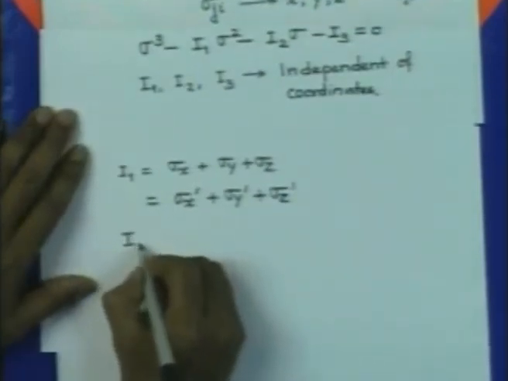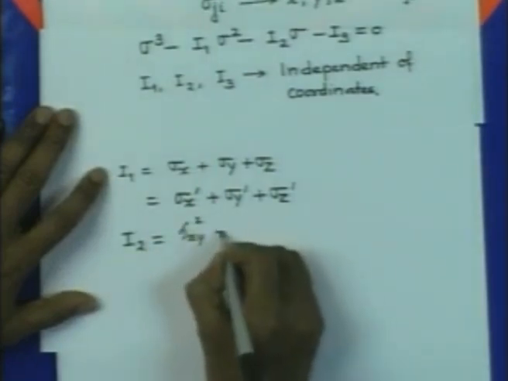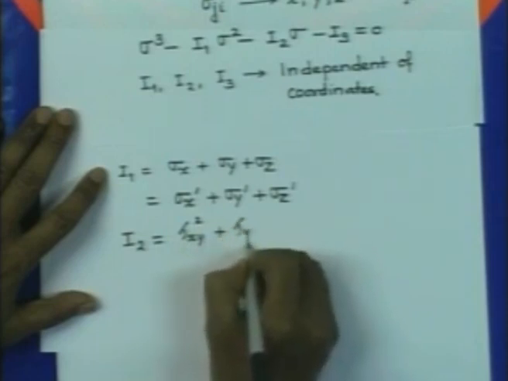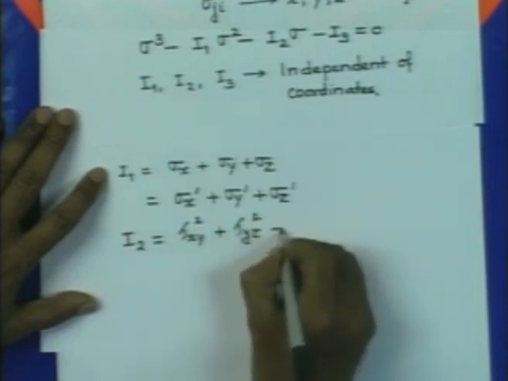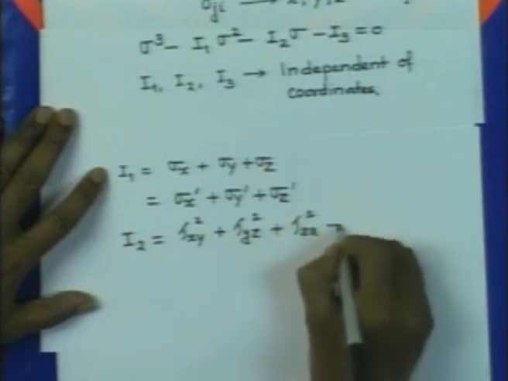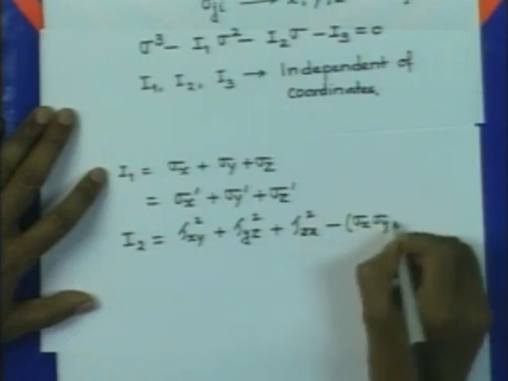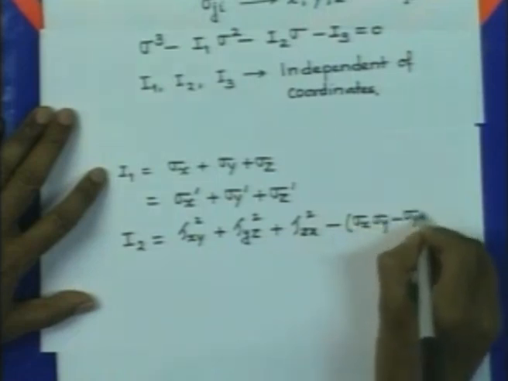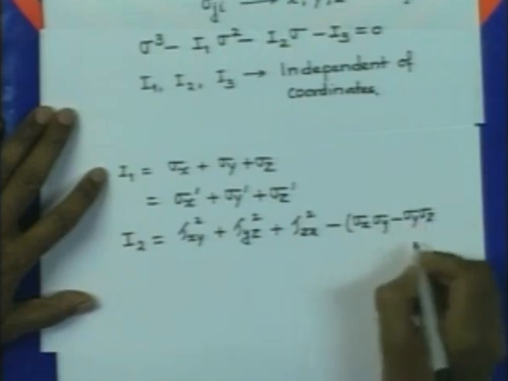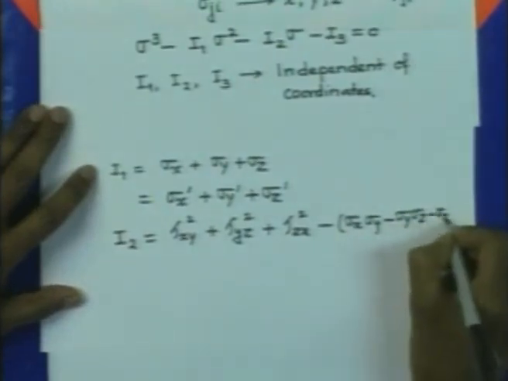So also we will have I2 given by tau xy square plus tau yz square plus tau zx square minus sigma x sigma y minus sigma y sigma z minus sigma z sigma x.